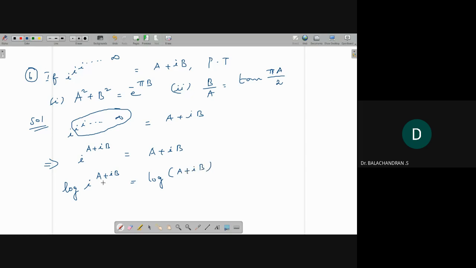So now using the properties of logarithm, you can write a plus ib into log i. Log a power b, you can write b log a. So this is equal to log of a plus ib.